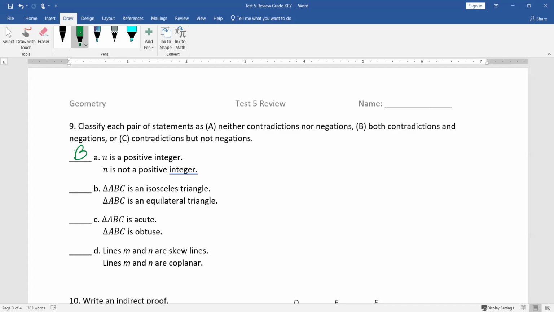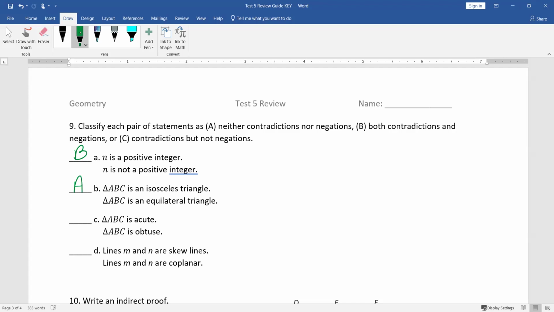The isosceles triangle does not take into effect that third side. If we state something as equilateral, the other two sides are still congruent, but it also means the third one is as well. So an equilateral triangle would also be isosceles. So this one is neither a contradiction nor a negation.